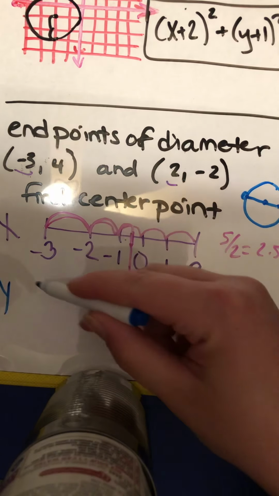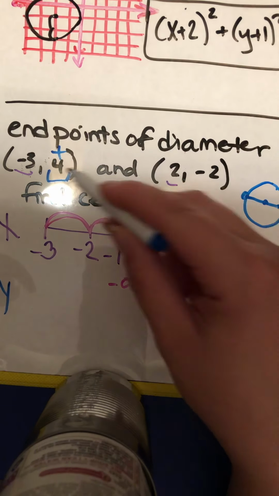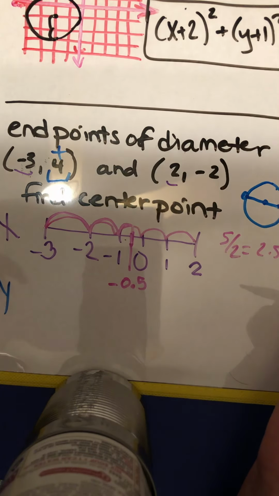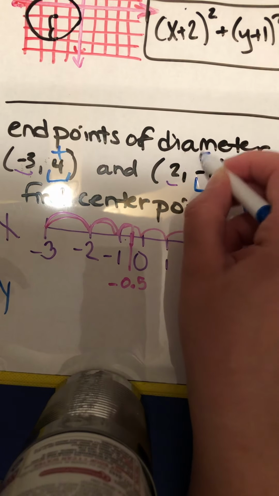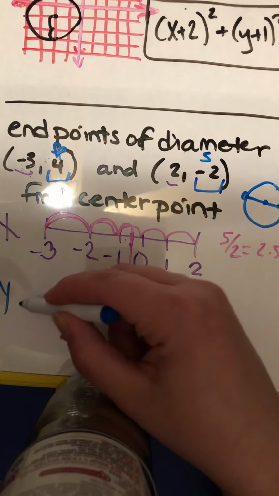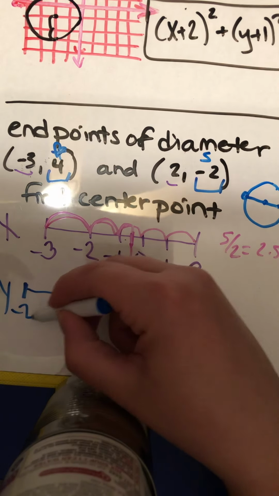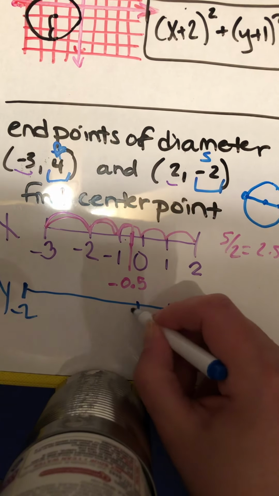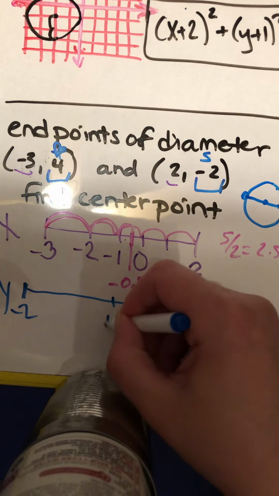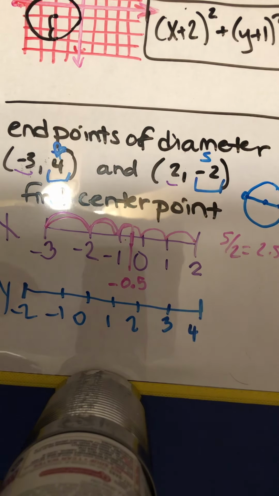Now let me do my y. I'm going to do the same thing. I have 4, my bigger number, and over here is a negative 2, my smaller. So let me put my smaller over here. Negative 2, I have 4, 3, 2, 1, 0, negative 1.